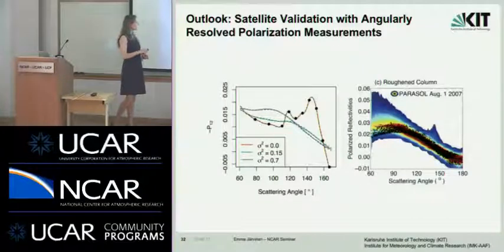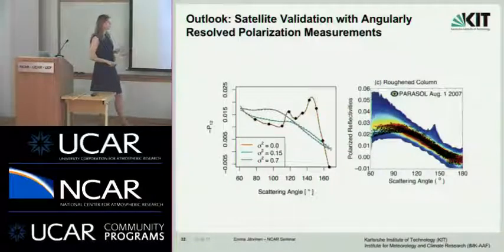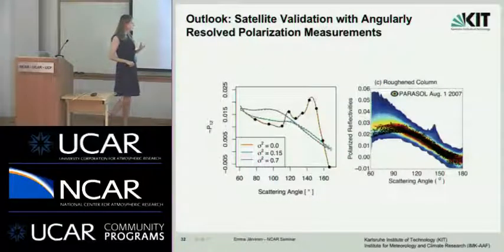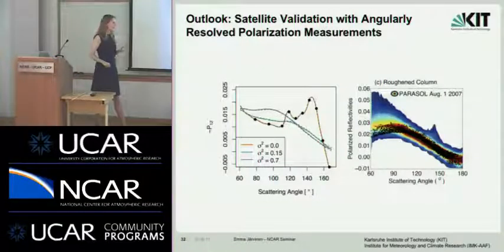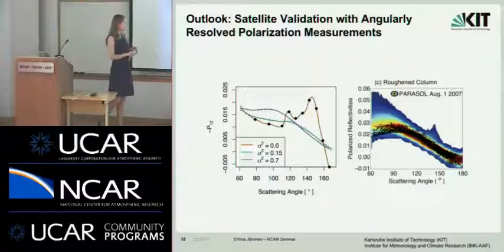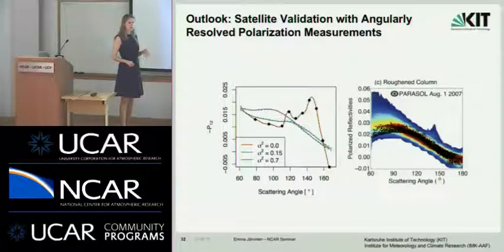If we have no surface roughness, we have more features, but inducing surface roughness still somewhat changes these polarization properties. So the idea was, why don't we also measure the polarization properties in the backward hemisphere, which is more sensitive to the surface features? That would be the next step, for example, for polar nephelometers.